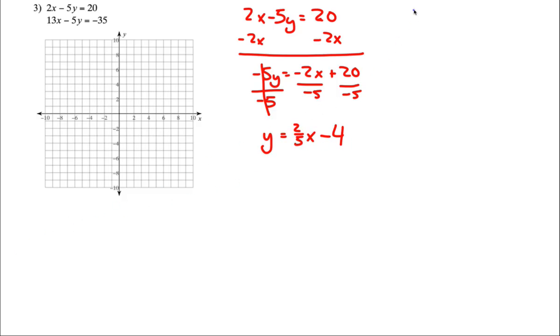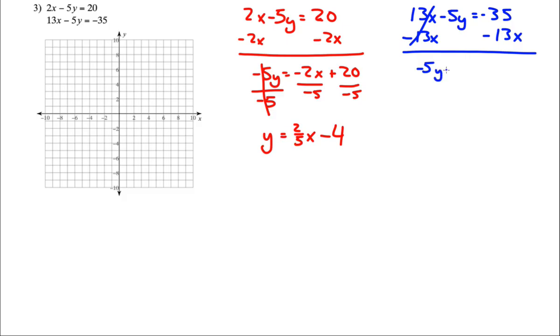For my second equation, which is 13x minus 5y equals -35, once again, I'm just going to do the same thing. I want my y's on one side, my x's on the other. So if I subtract 13x from my left, I have to obviously do it on my right for balance. Those cancel. So I have -5y equals -13x minus 35.